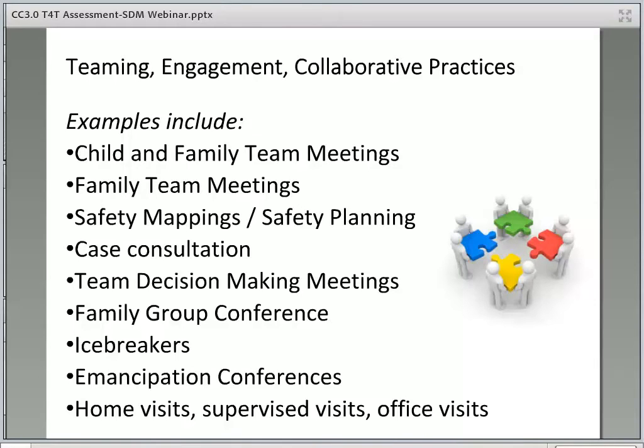And they'll also be conducting more formal meetings, such as case consultation with their supervisor, facilitating family team meetings, child and family team meetings, multidisciplinary teams, independent living program meetings, and court hearings. Facilitation skills are important to develop and are transferable in all areas of social work.